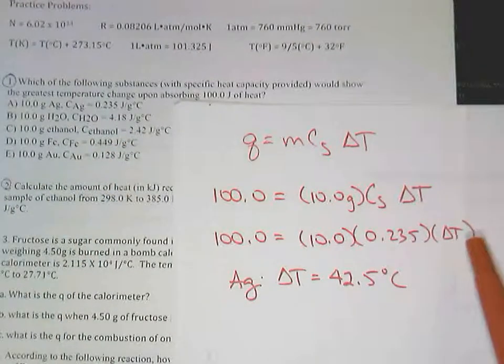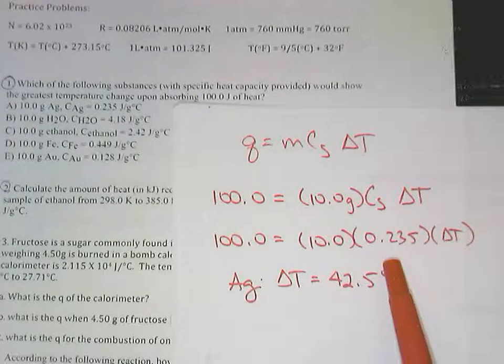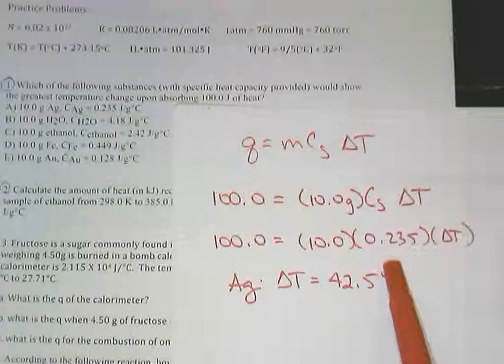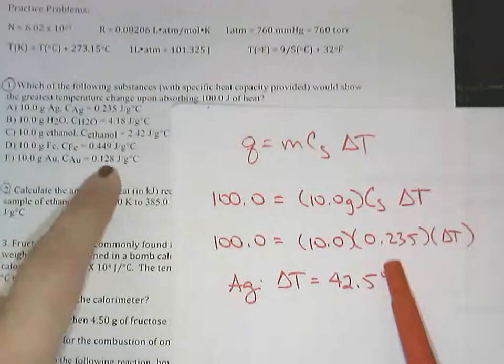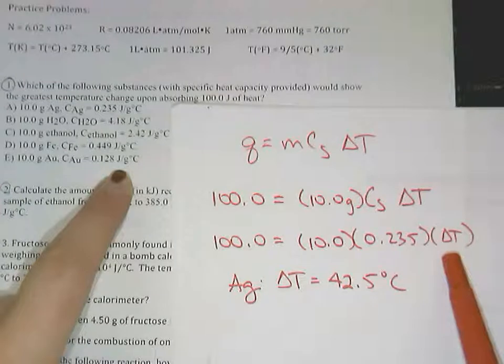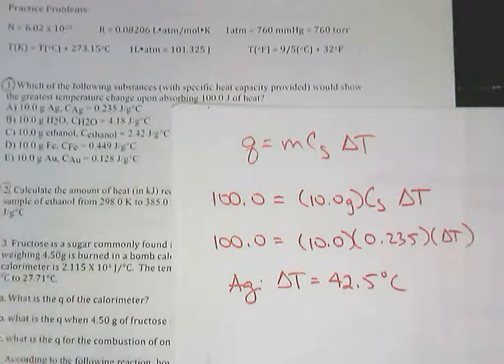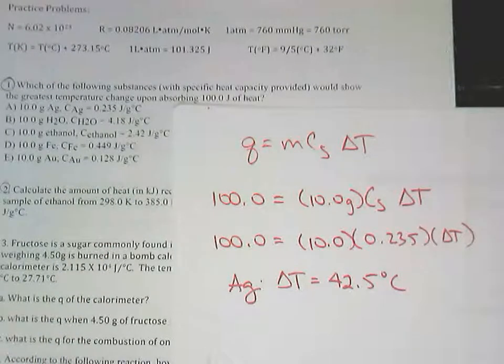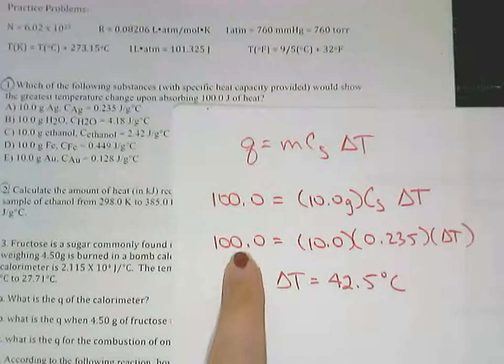Is there a value that is smaller than 0.2 as a specific heat? This one. So if this one's smaller, then delta T must be bigger. So done, E is the right answer. Inverse, yep. For this to equal 100 every time, these two must go opposite directions.